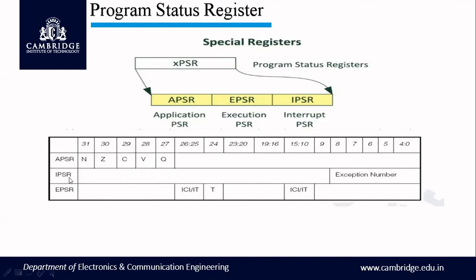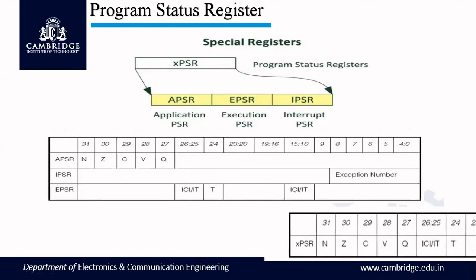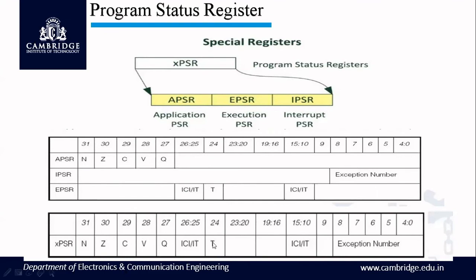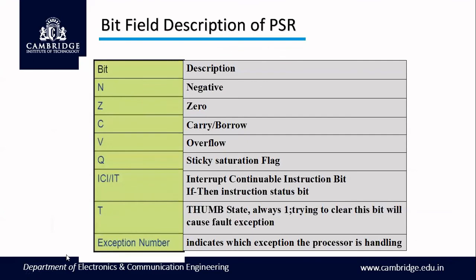In IPSR, the last 9 bits are used for storing the exception number, and in EPSR you have the ICT/IT bit and the T bit. So these are the bit patterns of the 3 PSRs. All the 3 PSRs can be put together and written in this format. Next, we'll see what each bit is and what it means.